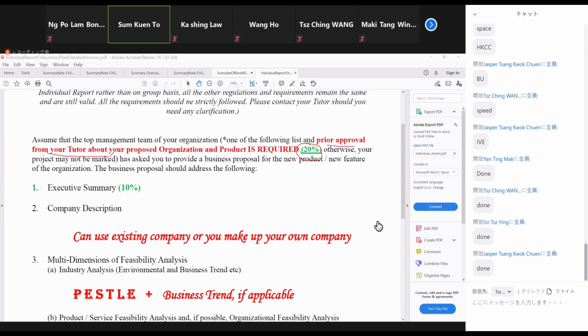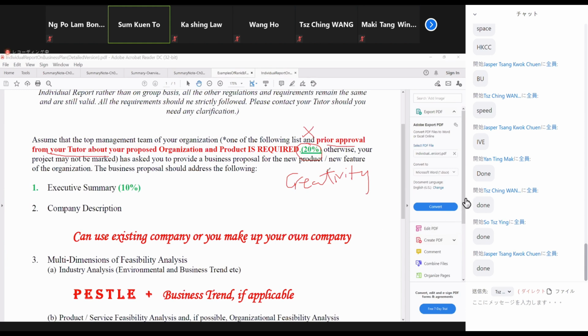Otherwise, if you have spent a lot of time writing, but your product idea is already in Hong Kong, then, sorry, you lose that 20 marks for creativity because this is not creative at all, already in Hong Kong. After you ensure your product is workable, writable, you can write on this, good, and then you start doing the preparation.